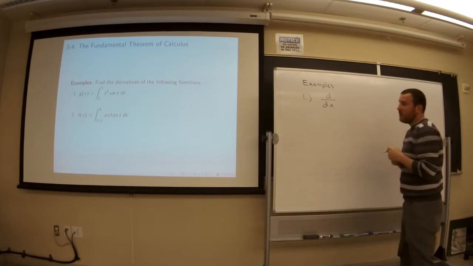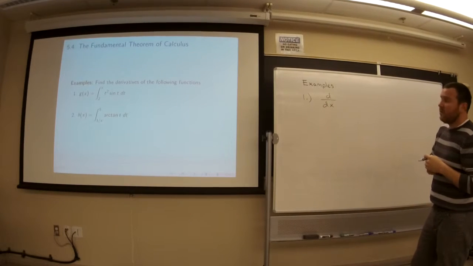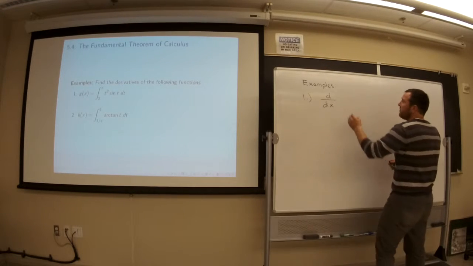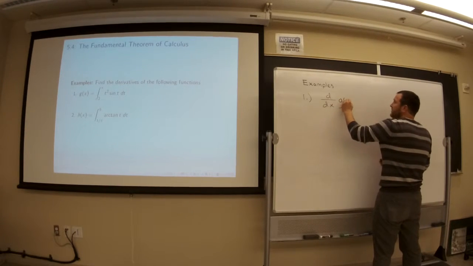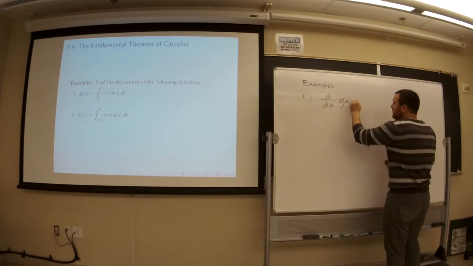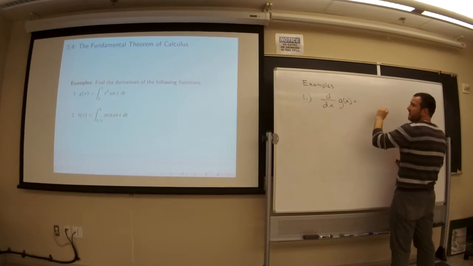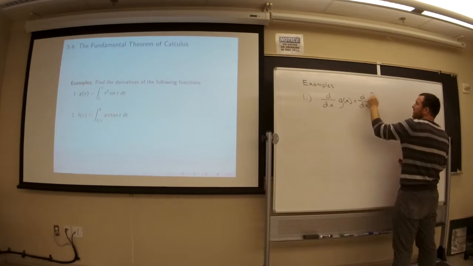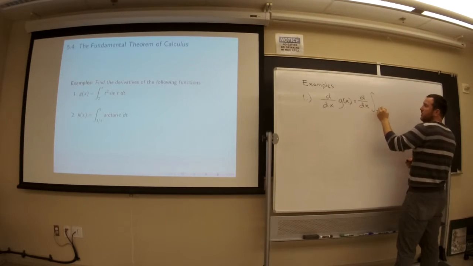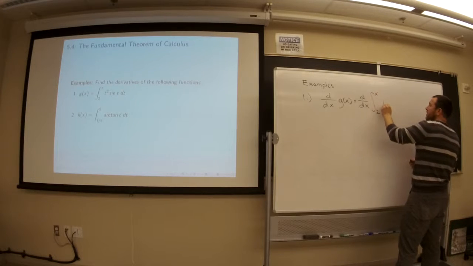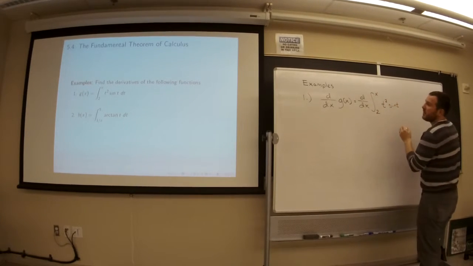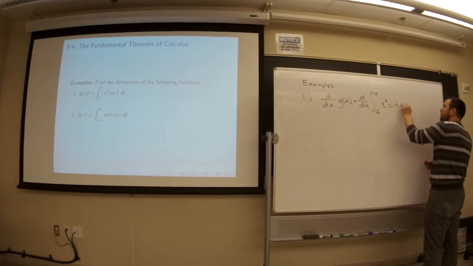I'll say how you can write it at the end here in order to write a little bit faster on your homework. So we're looking for the derivative, d dx, of g of x. So just using our definition of g of x there, that's the derivative of the integral from 2 up to x of t squared sine of t dt.